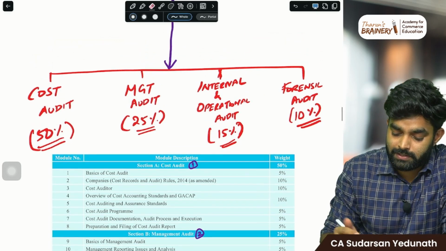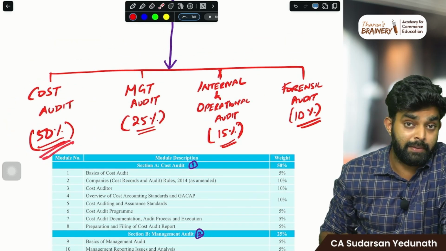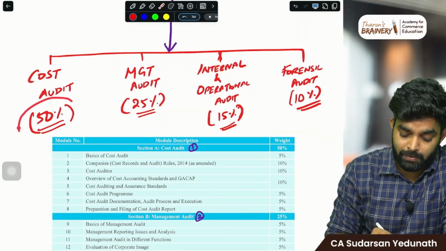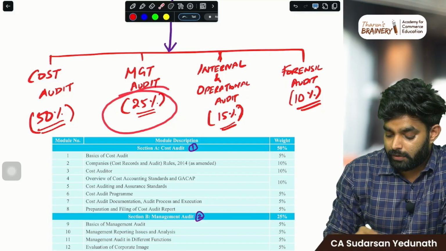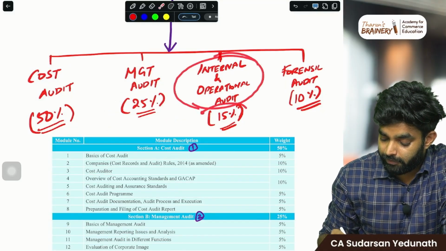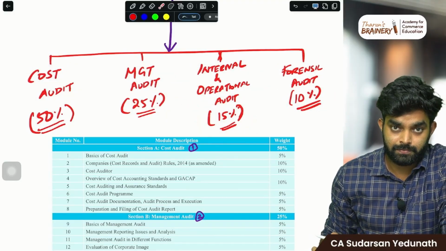Understand this one. First, cost audit will be almost 50% of the subject. In your total exam paper, 50% will be from cost audit. Management audit will be 25%. Internal and operational audit will be 15%. Forensic audit will constitute 10%.